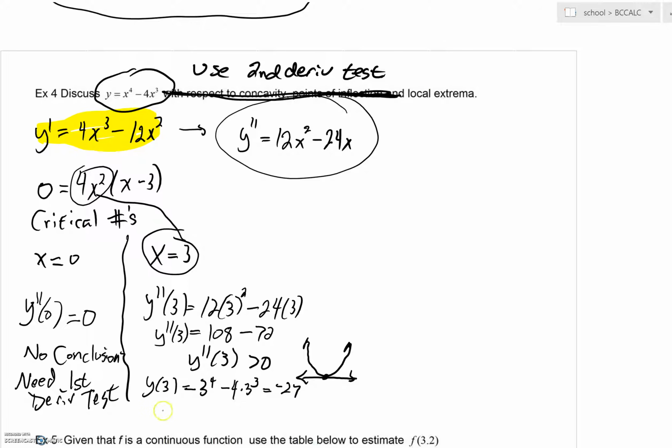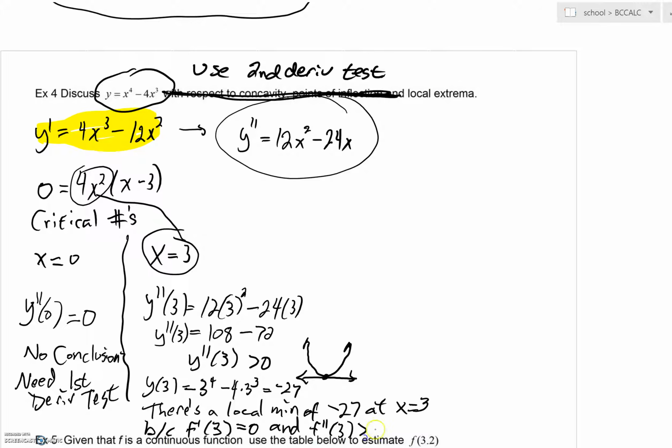So what I'm going to say is there's a local min of negative 27 at x equals 3 because f prime of 3 equals 0 and f double prime of 3, or y double prime of 3 if you'd like, is greater than 0. That's your second derivative test.